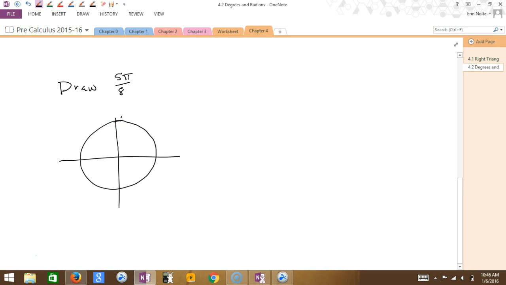I know that this angle right here is pi. This one right here is pi over 2. The one straight down is 3 pi over 2. And all the way around the circle is 2 pi. Those are going to help you.